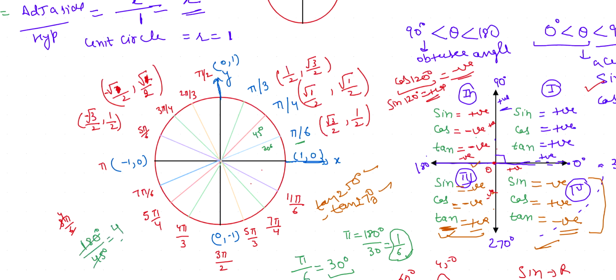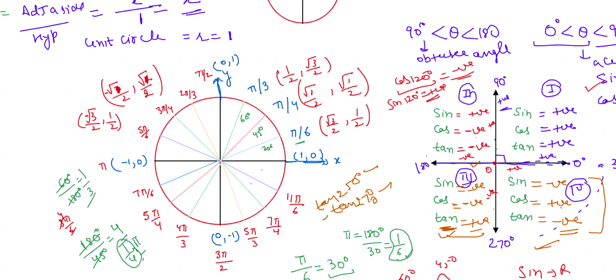So it means it is the 1/4 part of the 180 degree. So you will write it like pi by 4. And this is 60 degree. For 60 degree, divide 180 by 60. So it's the 1/3 part of the 180 degree. Then you will get the value pi by 3.